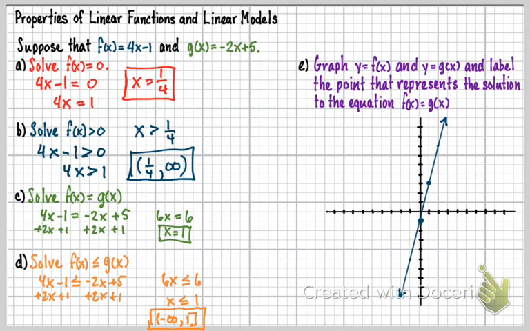All right, so now let's graph the other line there. The other line's green, so I'll use my green here. So we need our y-intercept first. And that y-intercept is going to be plus 5. So 0, 5, 1, 2, 3, 4, 5. So it's going to be there.